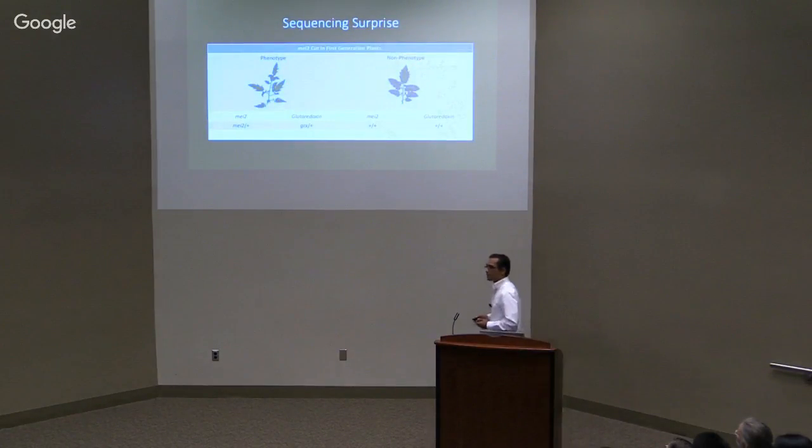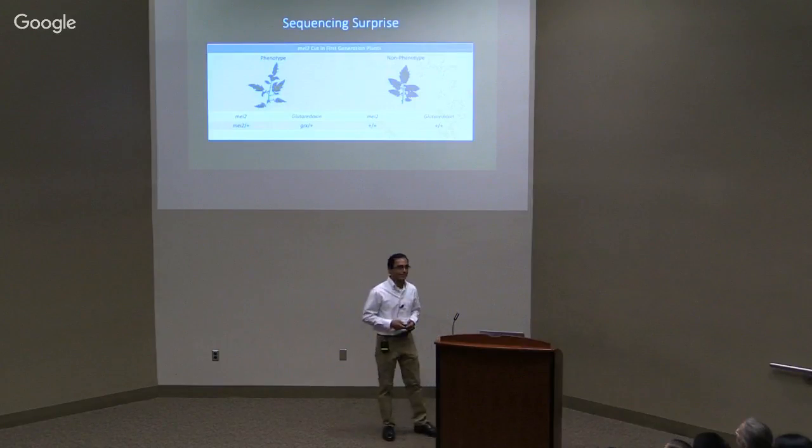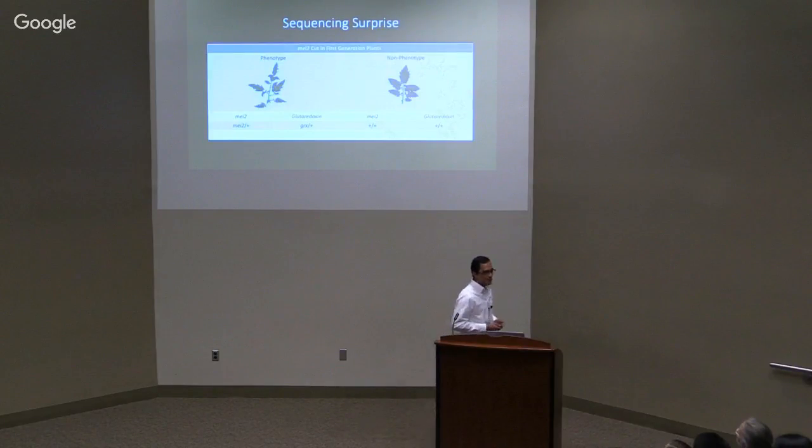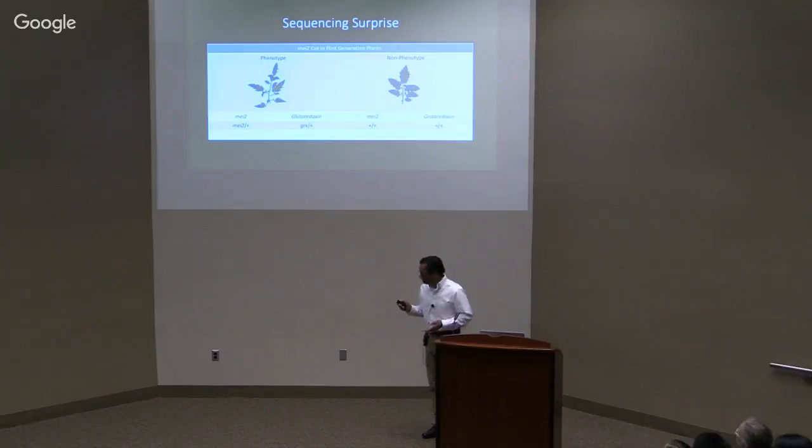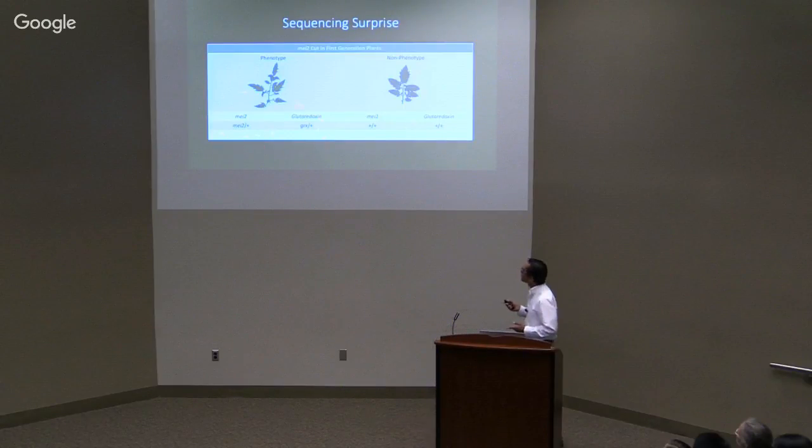So, when conducting scientific experiments, there are surprises. Good surprises, bad surprises. What we found was that the phenotypic plant was heterozygous. And I lied a little before when I said there was one gene. There were two genes targeted in this one, MY2 and glutaredoxin.